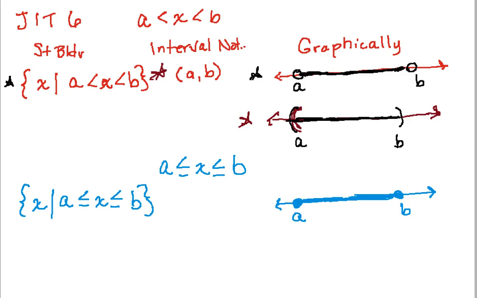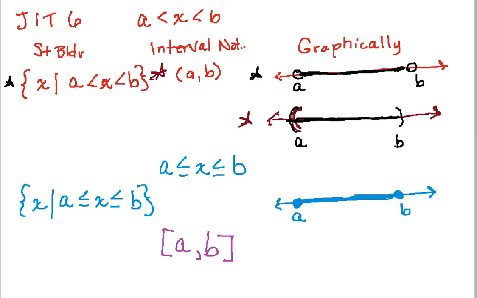Now let me go ahead and pick a different color. We'll pick that one. So I have my interval notation, which is going to be A with a square bracket opening, and then a B with a square bracket closing.